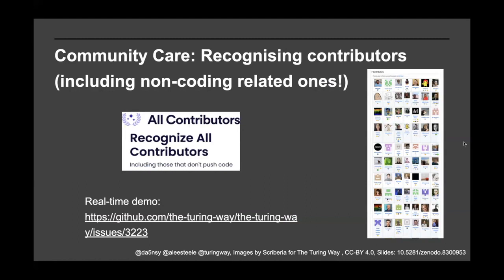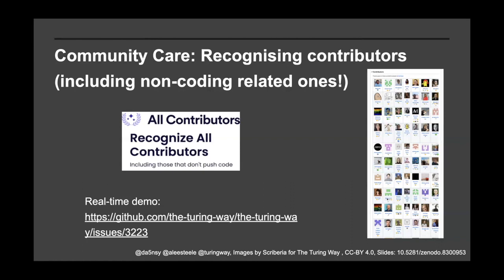Cool. Okay, so I'm going to focus on a couple of little tools that we use within GitHub. Bots. There are, I think, 3 or 4 bots that I'll mention in the next few minutes. And the first one that I'll start with is the All Contributors bot. This is a way of recognizing all of the people that contribute to our project.